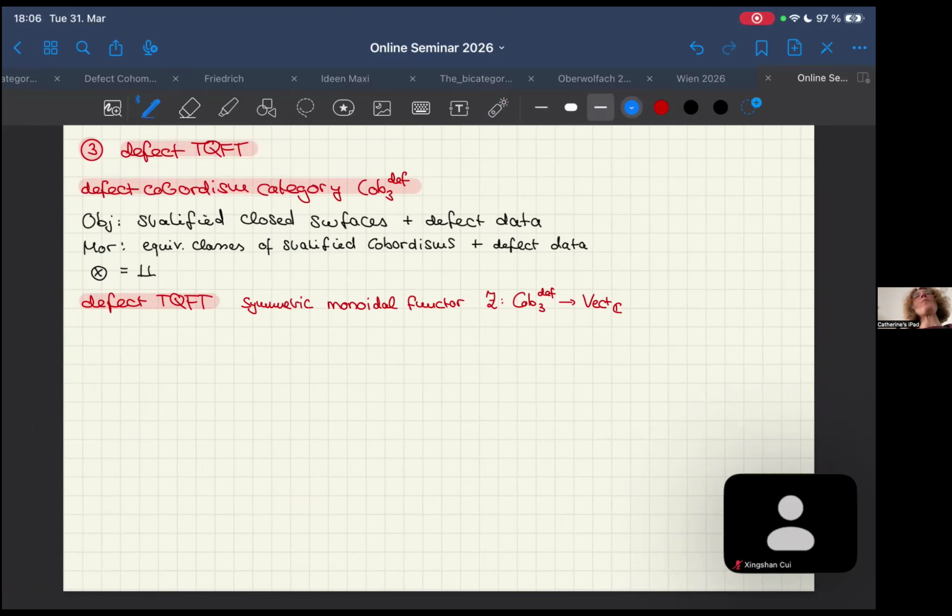as a symmetric monoidal functor from this defect cobordism category into the category of vector spaces. This is a definition one can make. The problem is how to find such functors, or how to construct them.